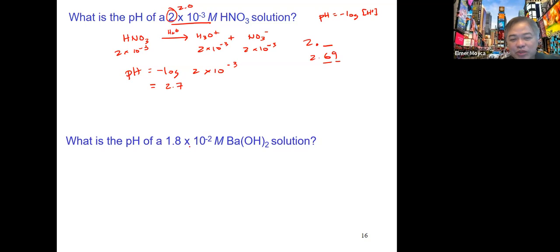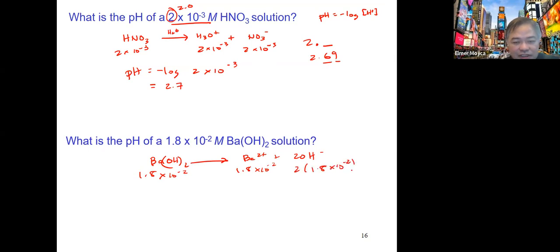So what is the pH of 1.8 times 10 to the negative 2? So you have what we call the barium hydroxide here. So it dissociates to give you barium 2 plus and 2OH minus. So 1.8 times 10 to the negative 2, 1.8 times 10 to the negative 2, and then 2 times 1.8 times 10 to the negative 2, which is equals to 3.6 times 10 to the negative 2.